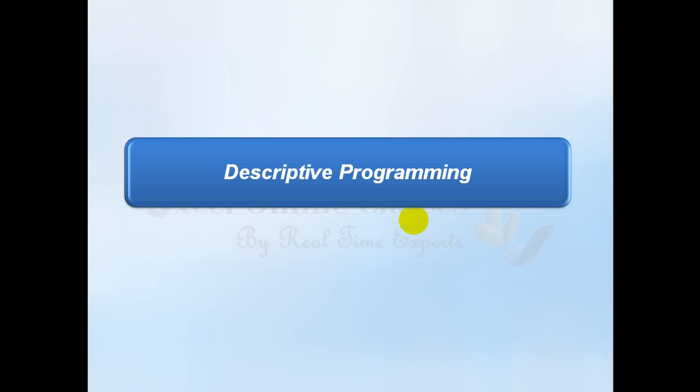Before discussing descriptive programming, what are object repository based scripts? Generally QTP records all the application objects and stores them in the object repository, that is the QTP storage area. There QTP stores all the learned objects of the application.